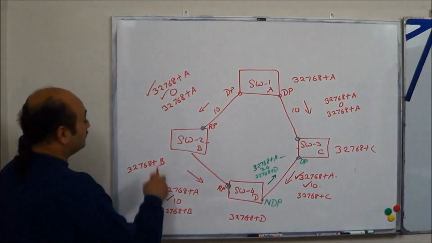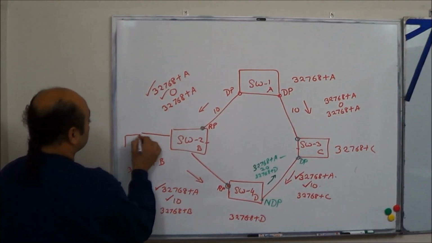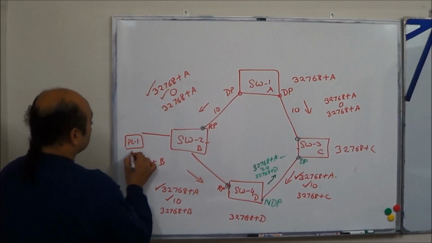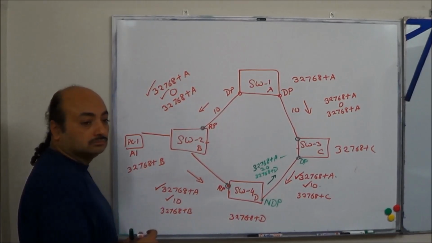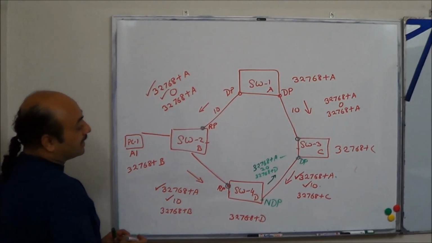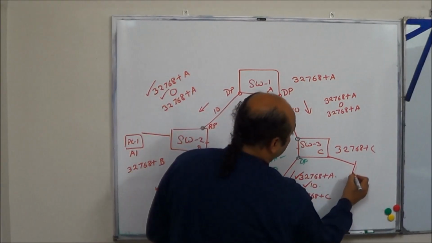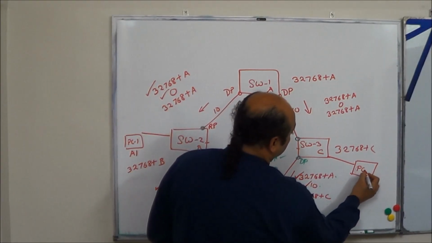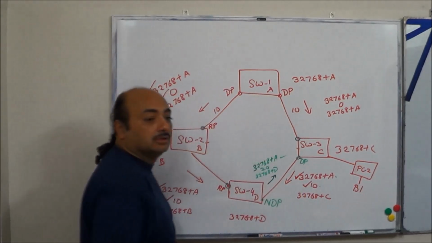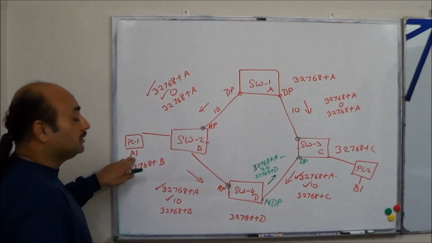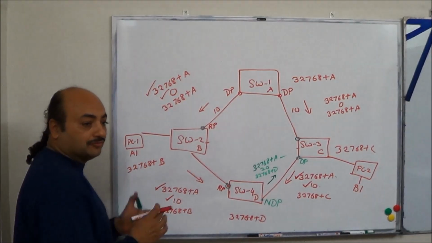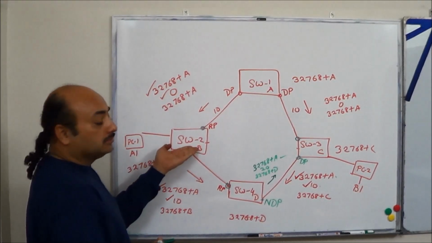So if there is a PC here having MAC address A1, and it has to send traffic to this one, PC2, having MAC address B1, with source MAC address A1 and destination MAC address B1, it forms a frame and sends it to the switch.